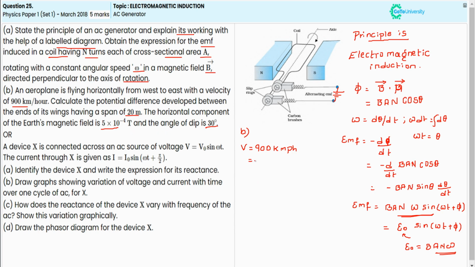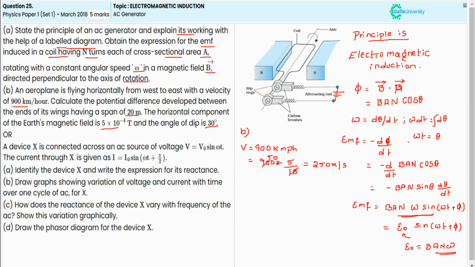So we multiply 900 by 5 by 18, which is 50 into 5, that is 250 meters per second. So velocity is 250 meters per second.